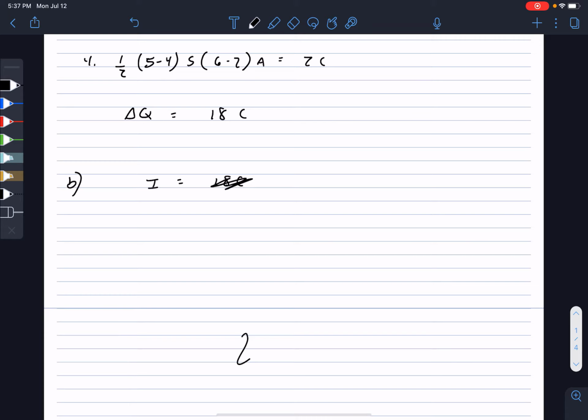If we recall the formula, total charge over change in time, we have 18 coulombs over 5 seconds, which is going to give us a value of approximately 3.6 amps. So that is what the current would be if it were constant, right?